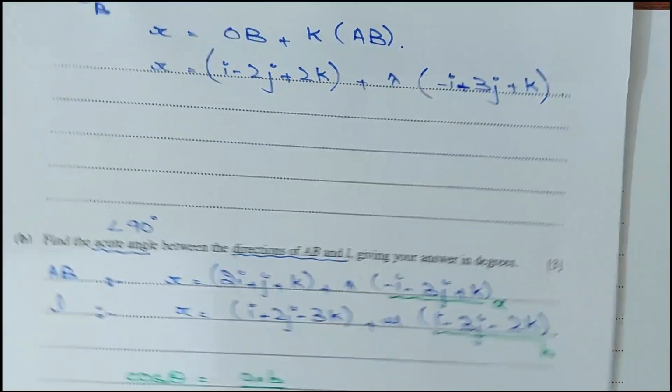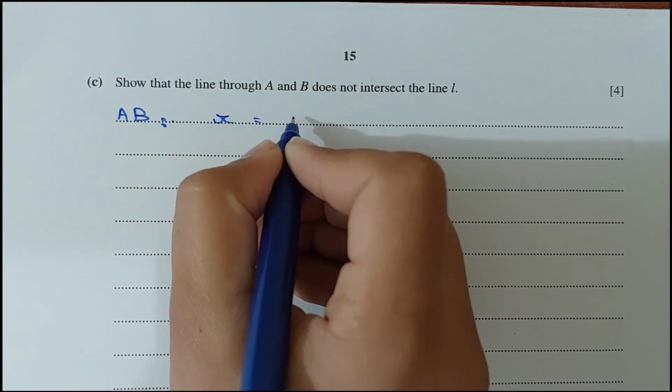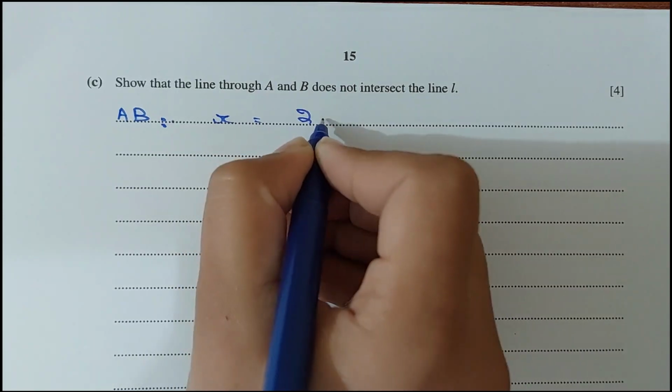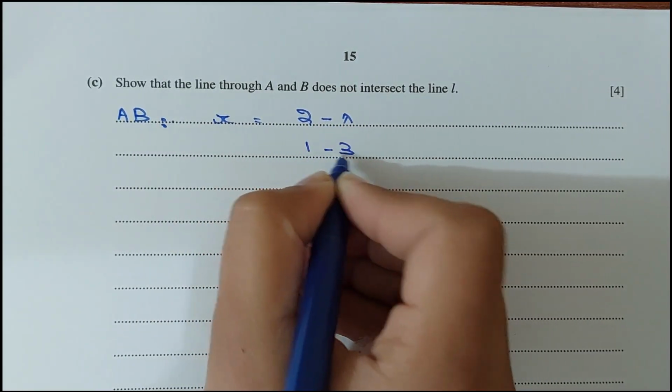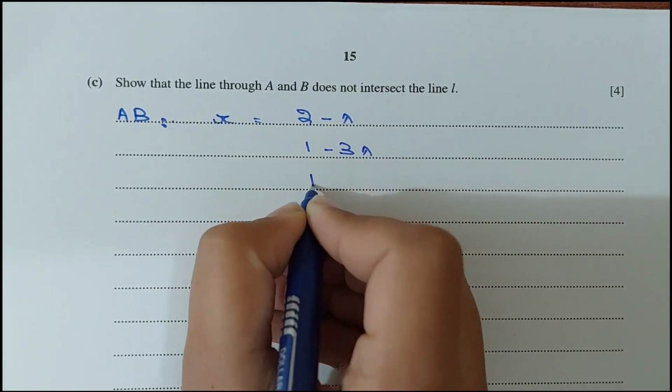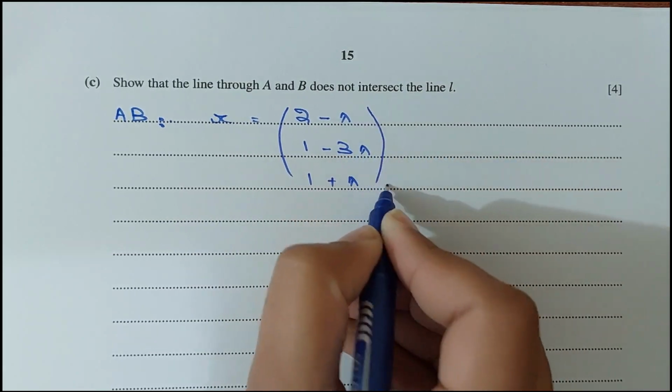What is the line through AB? I can write this line as r equals (2 minus lambda, 1 minus 3 lambda, 1 plus lambda). This is the line through AB.